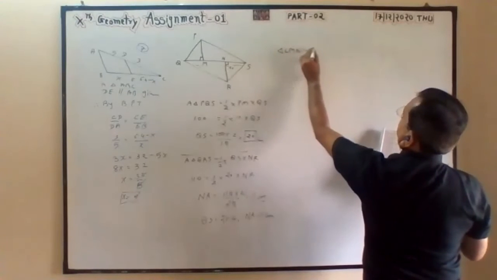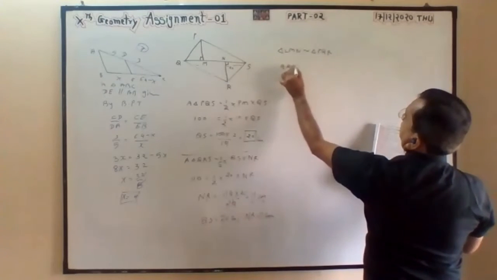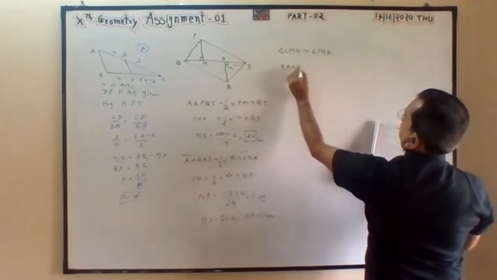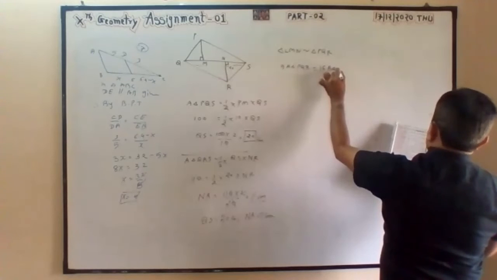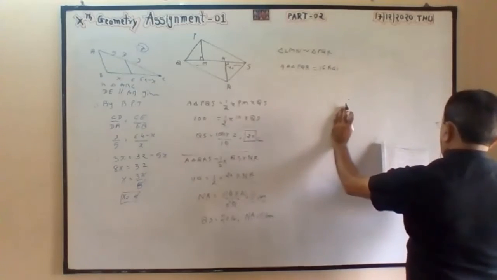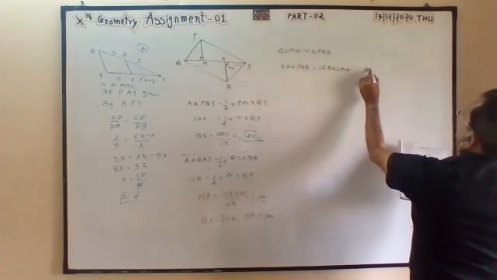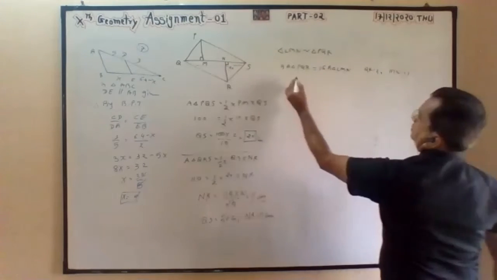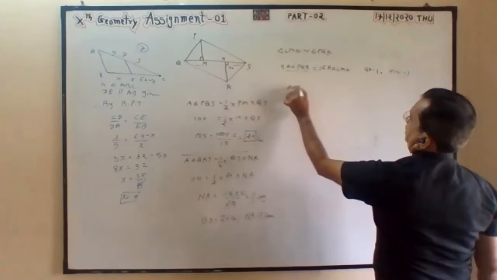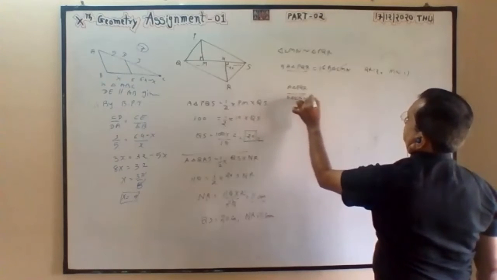Triangle LMN is similar to triangle PQR, and it is given 9 times area of triangle PQR is equal to 16 times area of triangle LMN. QR is equal to 20, find MN. So this will be here only, area of triangle PQR, this goes down, area of triangle LMN.